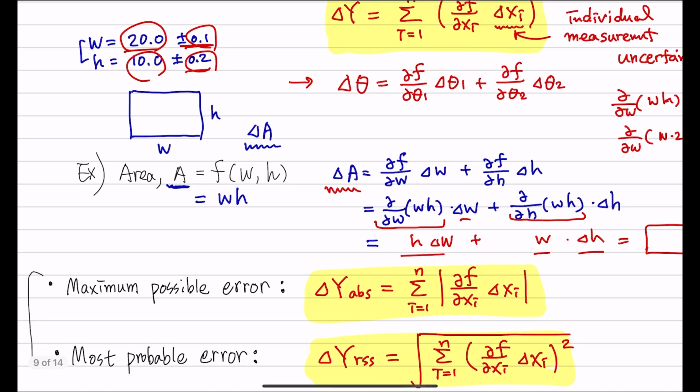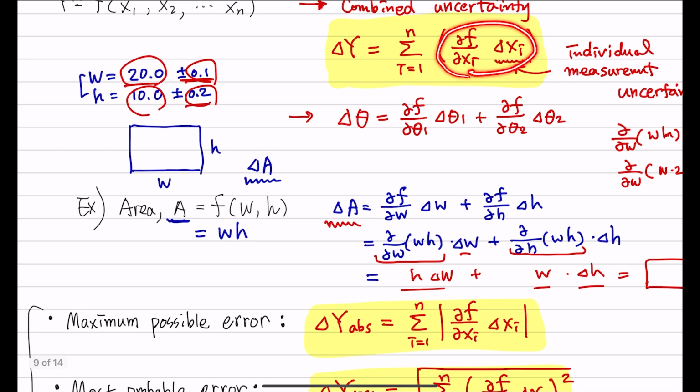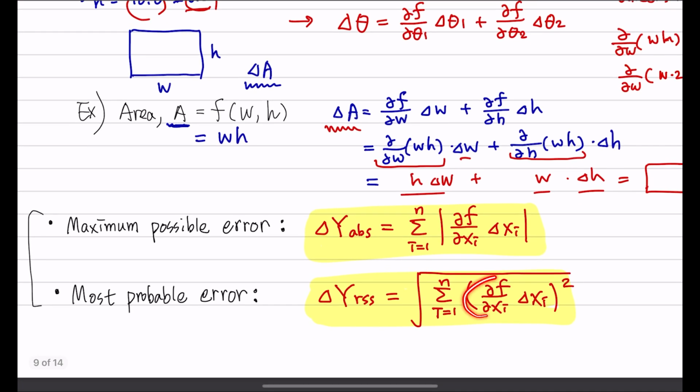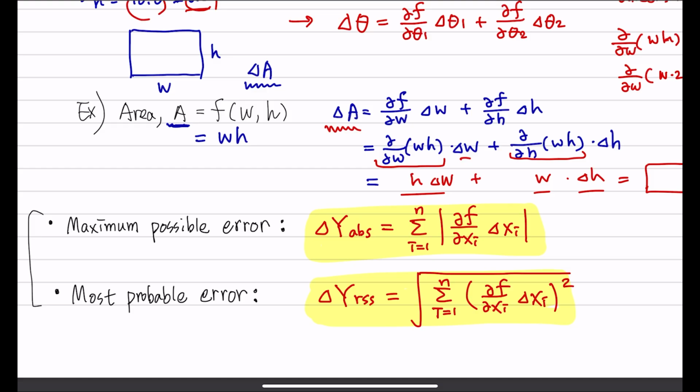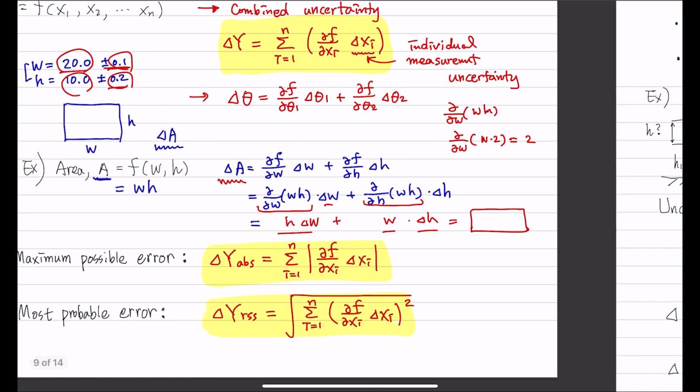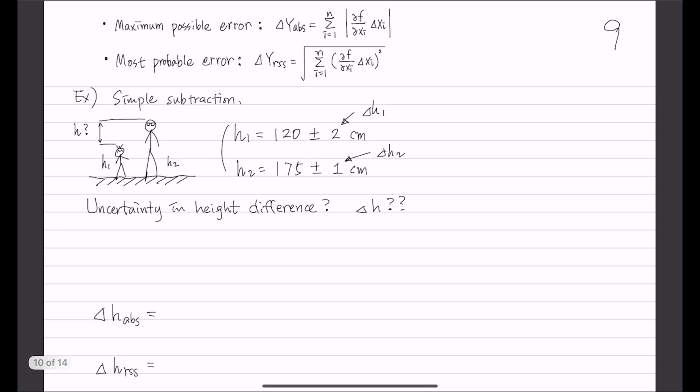Or some people find this guy and square it, and they add all those squared values, and then they put a square root over there. So these are just two different ways of defining this combined uncertainty or uncertainty propagation. All right, so let's move on and try some examples here together.